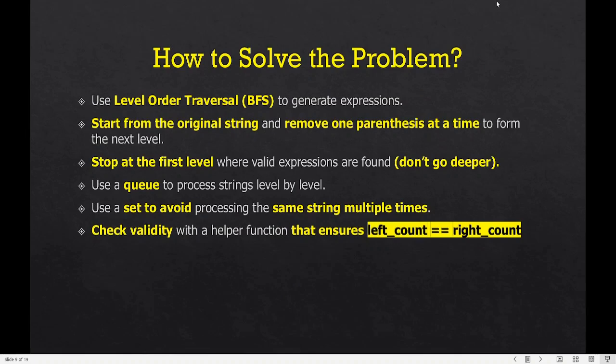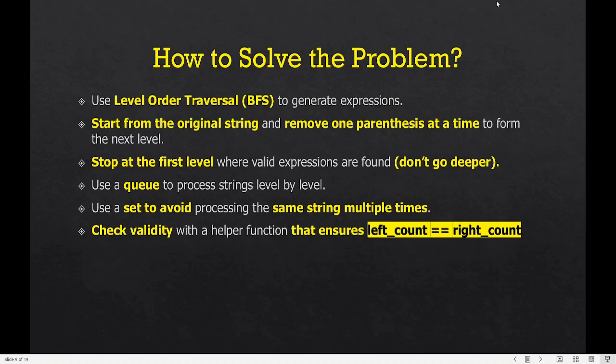Now, how to solve this problem? This is a bit of an algorithm you can think. First of all, we have to use level order traversal, that is BFS, to generate expressions. We'll have first of all an invalid expression. We'll generate the possible expressions out of it.